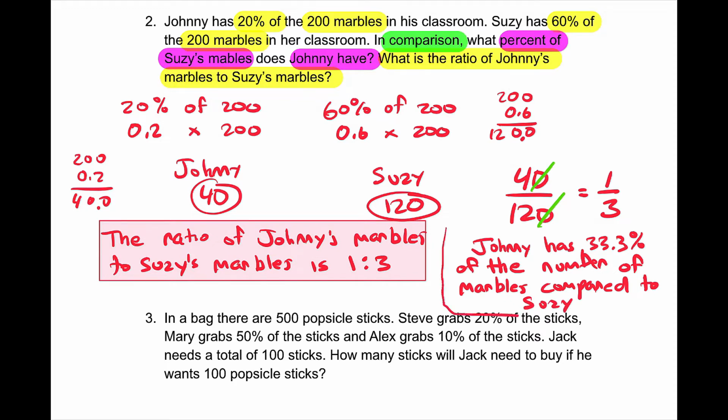And that would be the answer to the first part of the question. So even though he only has 20% of the 200 that are in the class, he's got 33% in comparison to Susie's 120.